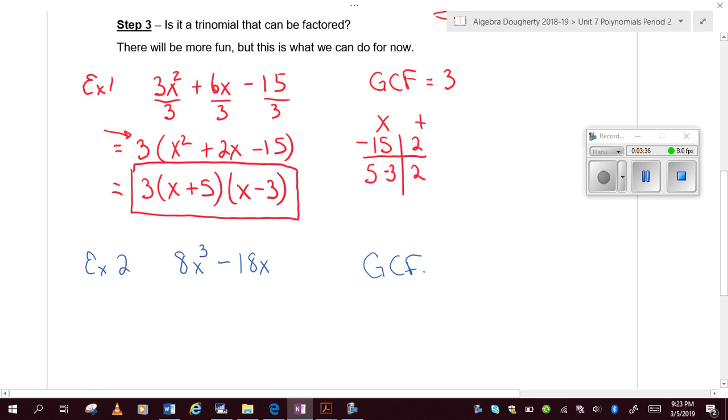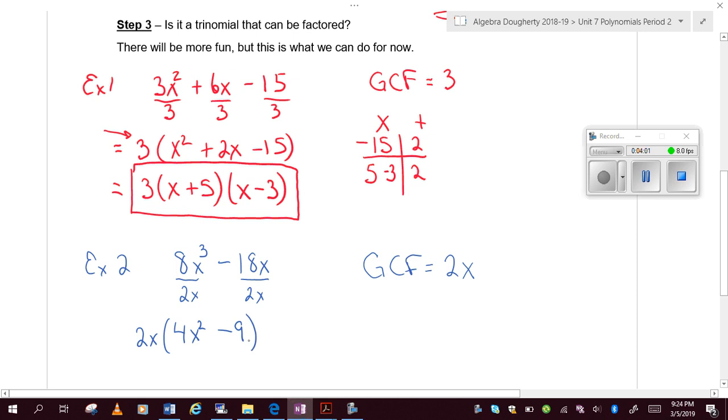It's got a factor of 8, doesn't go into 18. 4 doesn't go into 18, but 2 does. X cubed and an x. Well, they have one factor of x in common, so my GCF is 2x. We'll divide each term by 2x, and we'll have 2x times 4x to the second minus 9.